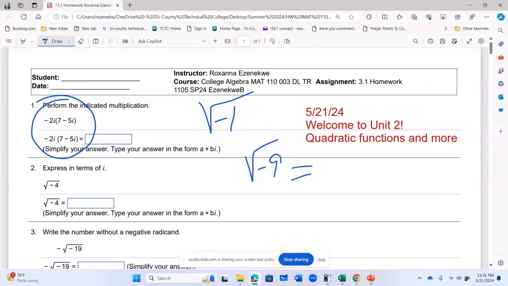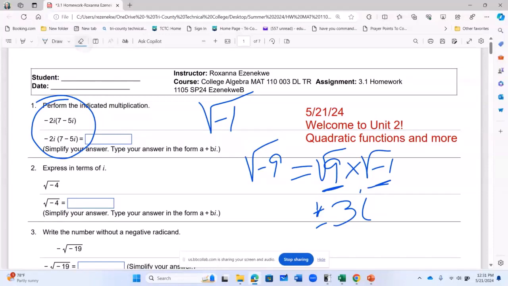We have to do some arithmetic: separate 9 and the square root of -1, and then find the square root of 9, which is 3. So we have plus or minus 3i. This is a complex number. For any complex number, the plus or minus make them conjugates.